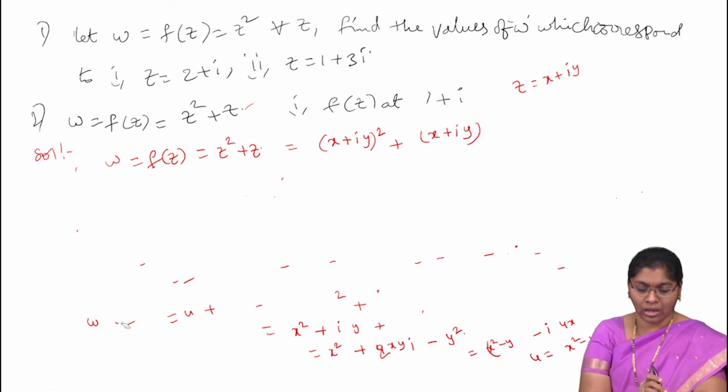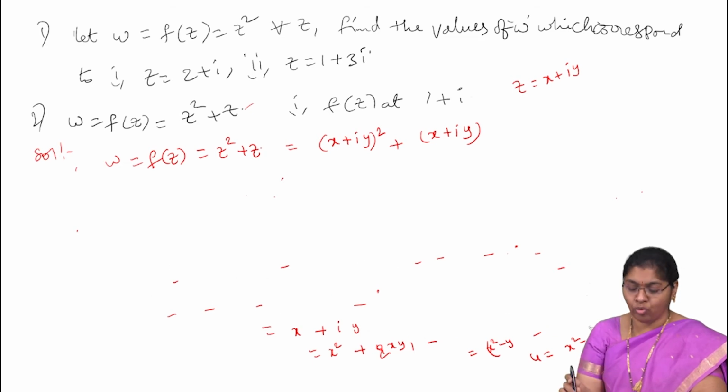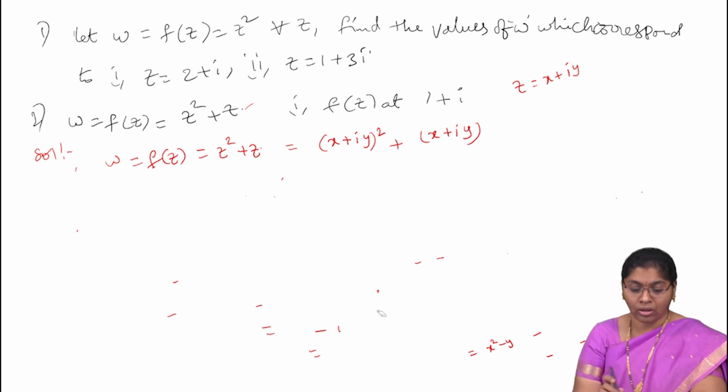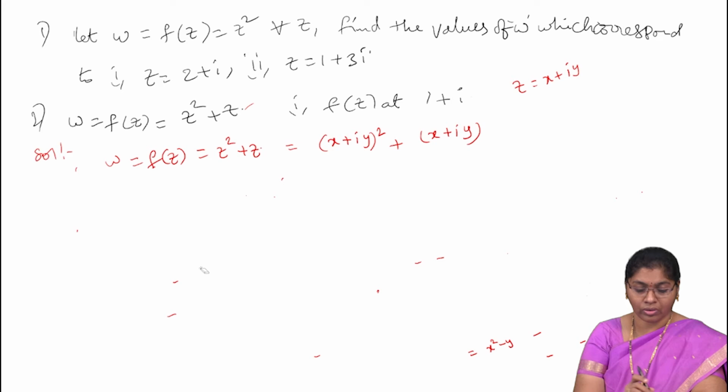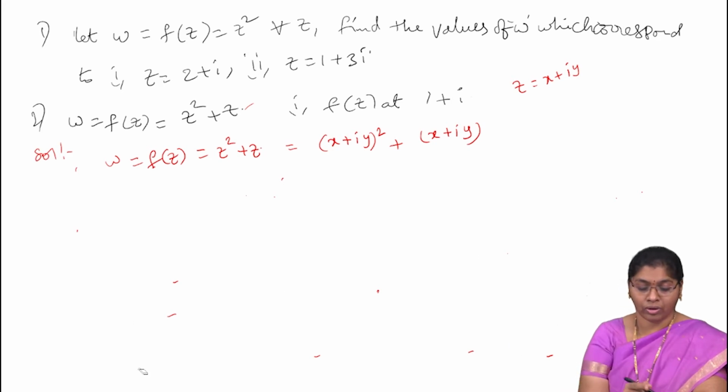Now expand x plus iy whole square, then after adding that one, we get some u and v values. I am substituting f as z square plus z in that part.